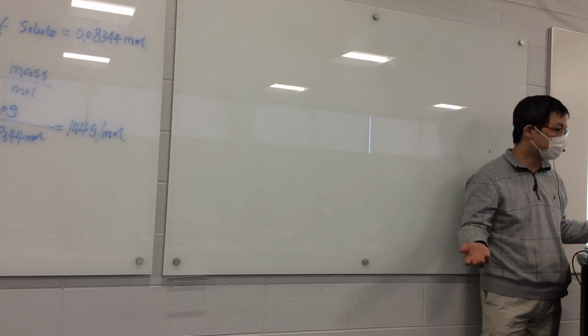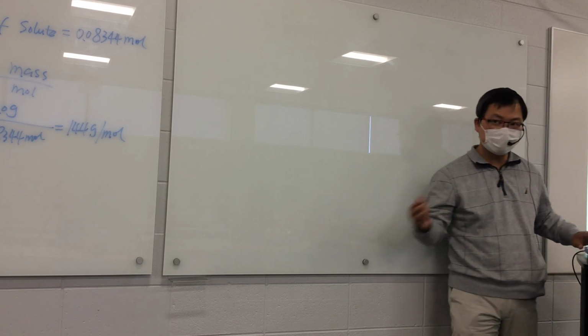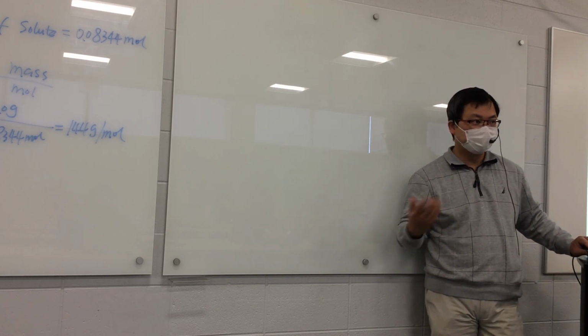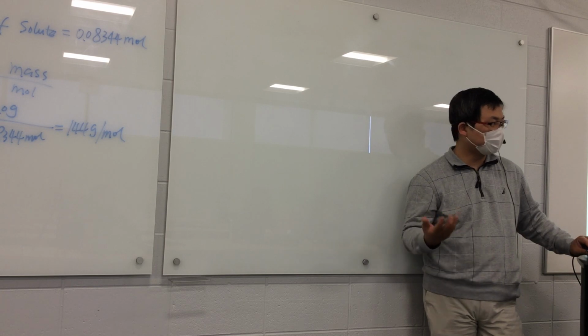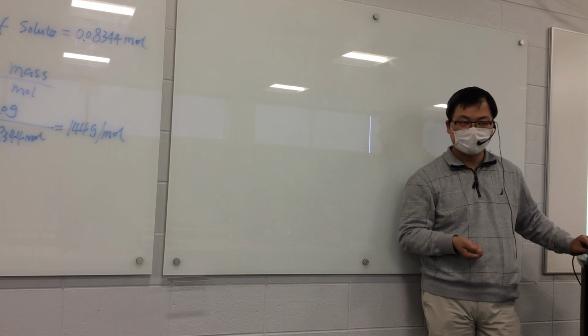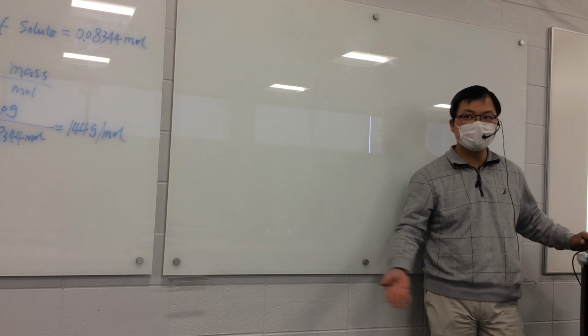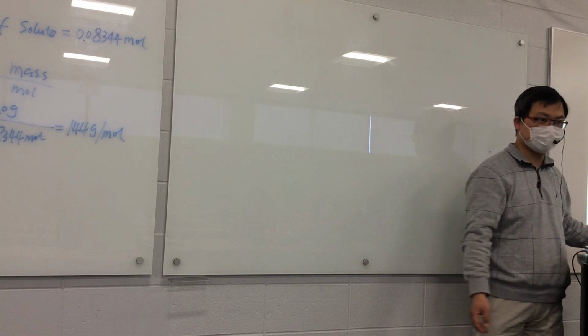Molecules. It's non-electrolyte. Glucose does not dissociate to form ions. It's an organic molecule. They stay as molecules. Like ethanol. When ethanol is dissolved in water, it's still ethanol molecules.